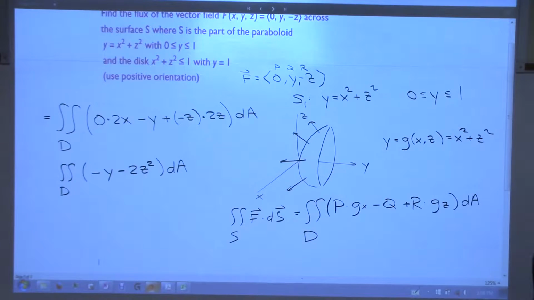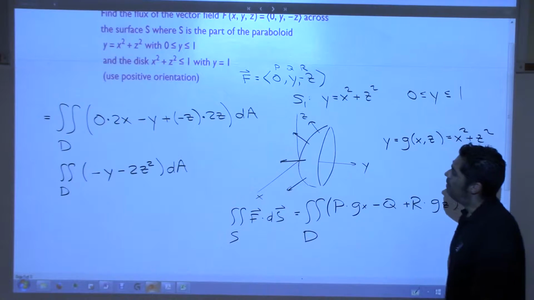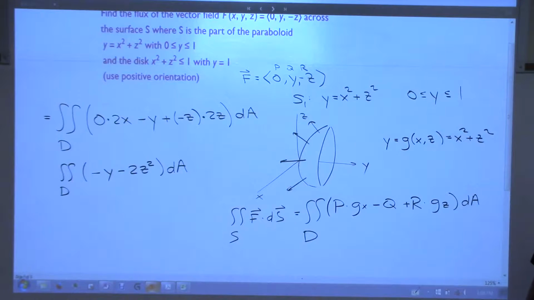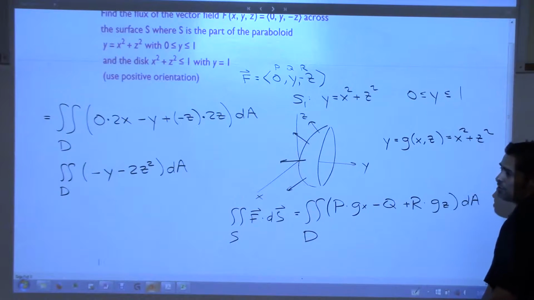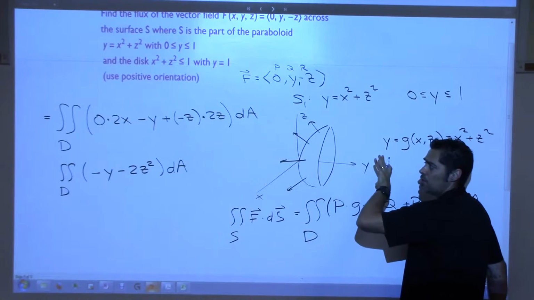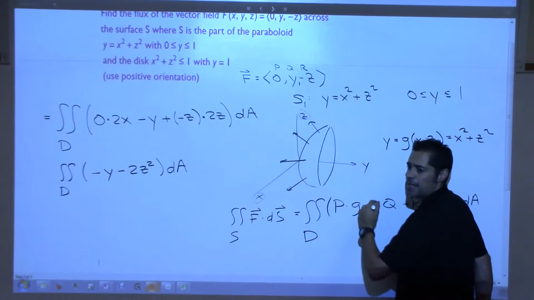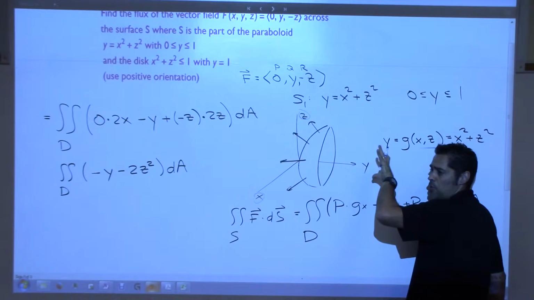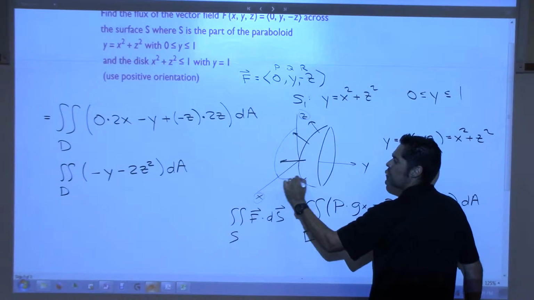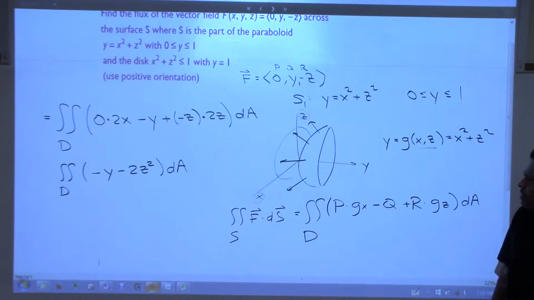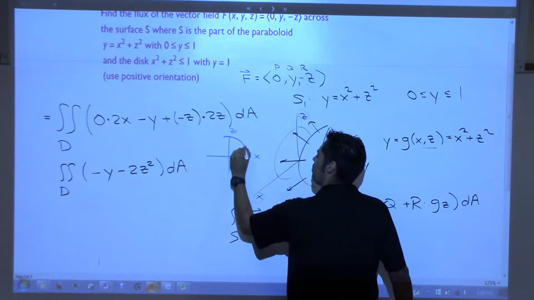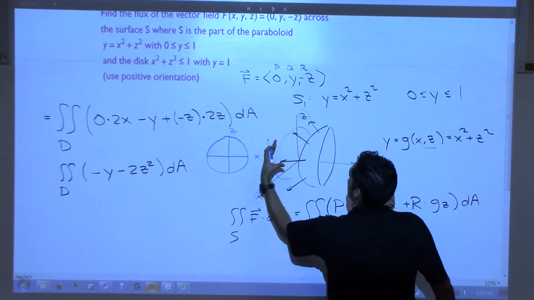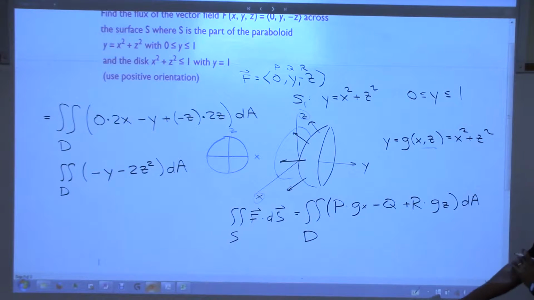Let's see now, can we get some control over our D? So look at D. Go to polar. What we try and imagine is that we're taking the projection of this surface onto the xz plane, and the reason we're doing xz is because it's a function of x and z. If you project that onto the xz plane, you should get a circle. That circle that maps out to that surface has what as its radius?